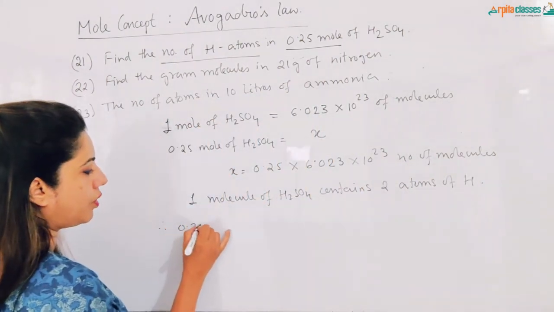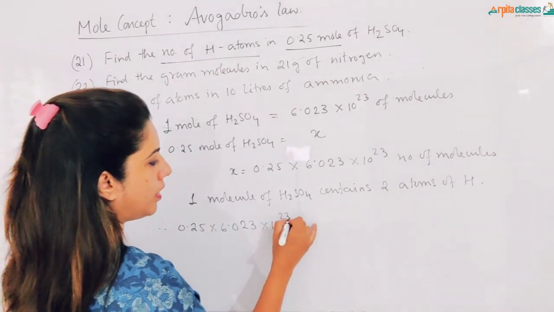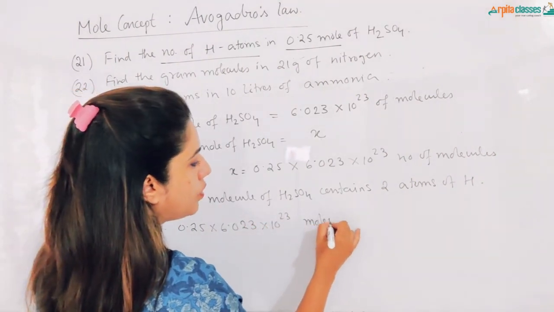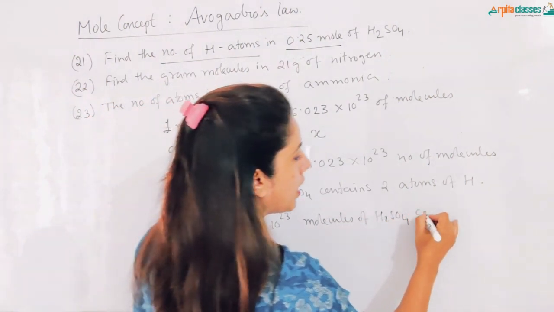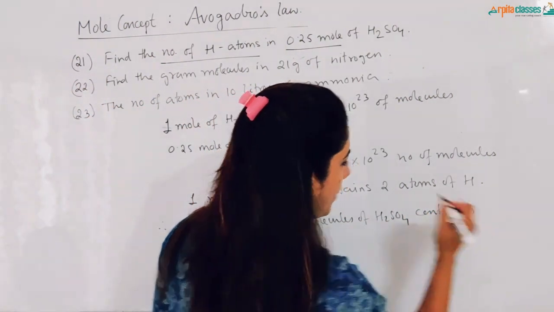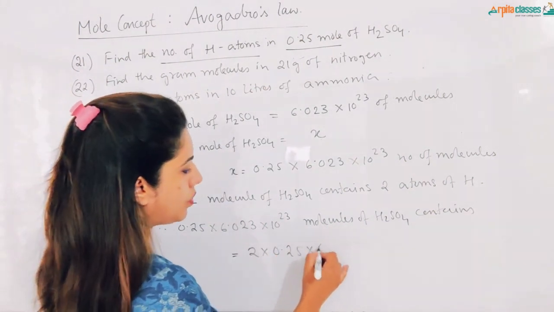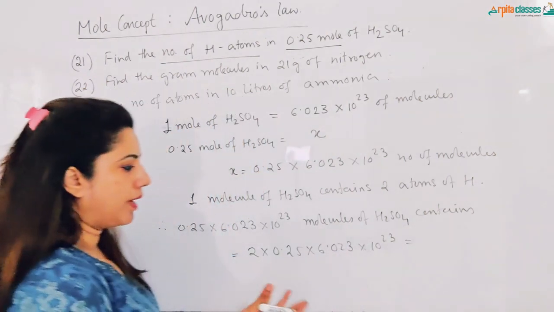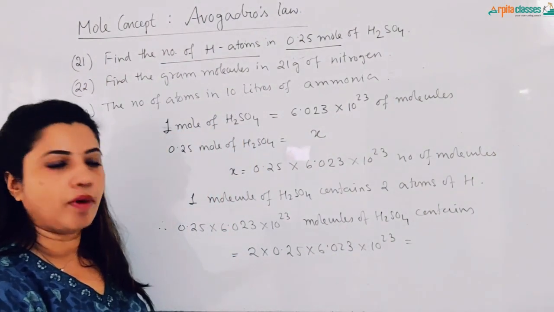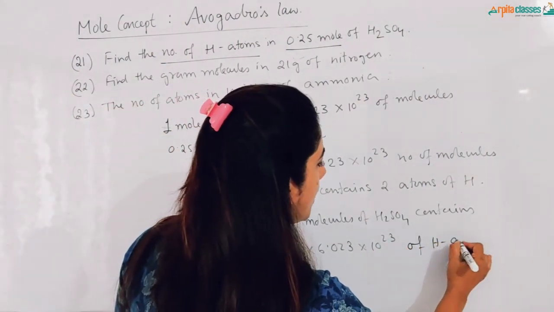Therefore, 0.25 into 6.023 into 10 raised to power 23 molecules of H2SO4 contain how many hydrogen atoms? 2 into 0.25 into 6.023 into 10 raised to power 23. When you multiply this, you'll get this many hydrogen atoms.